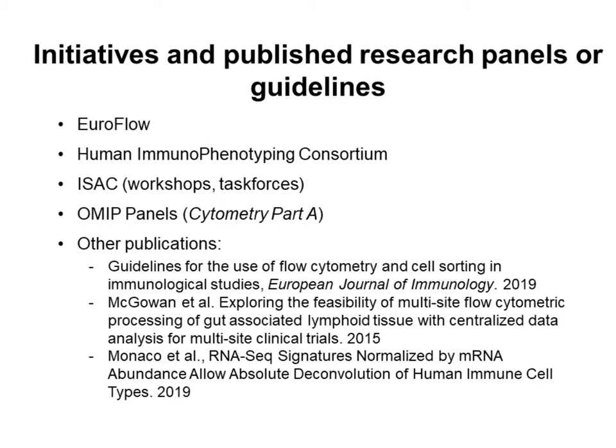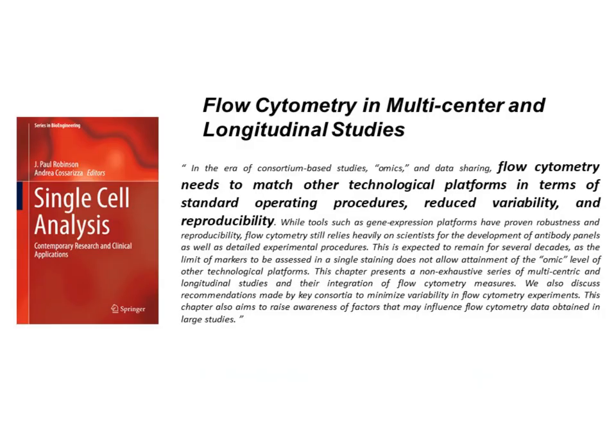So we are aware that things have to be improved, but we probably need to be better organized. For instance, I have been involved in ISAC and Cyto conferences during which we organize workshops regarding flow cytometry in multi-center and longitudinal studies.